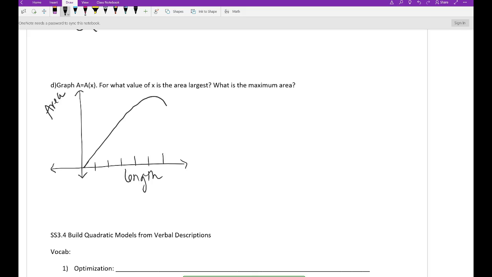Now, after you've sketched that out, similar question as we have been dealing with. For what value of x is the largest area? And what is the maximum area? How do I find that? Go find it and then share it with your friends.